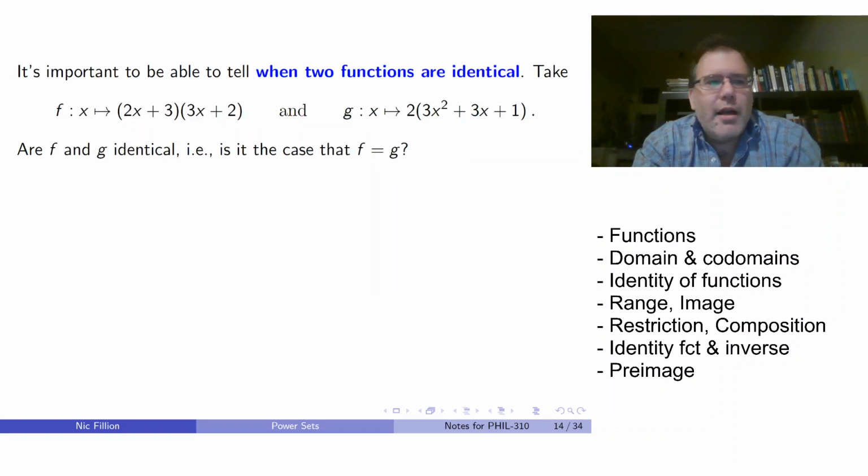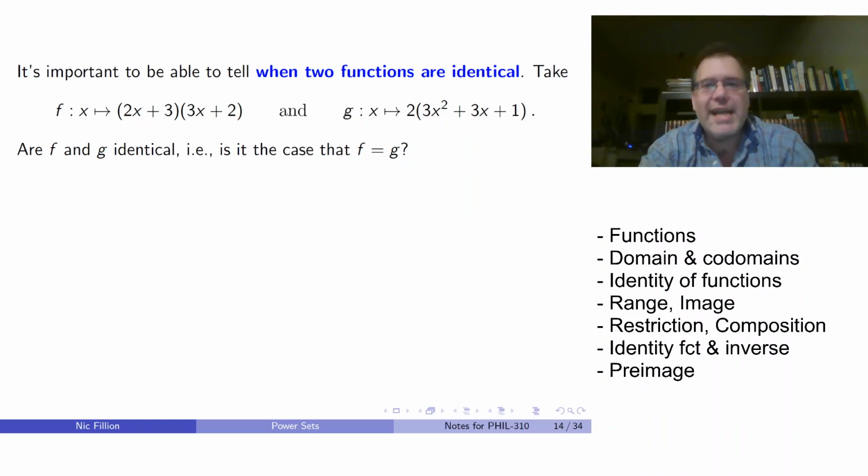Now that we have a definition of what a function is, we want to find when 2 functions are identical. So I'm going to introduce it as a separate definition here. We might look at those 2 functions and ask, are they the same function? Are they identical?